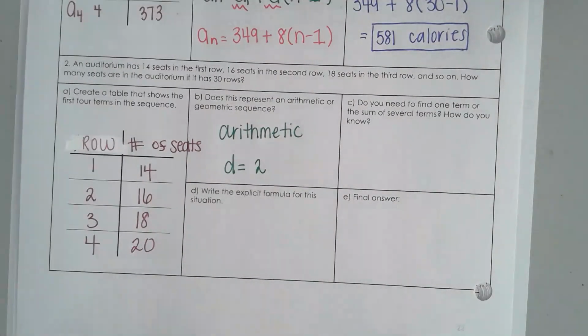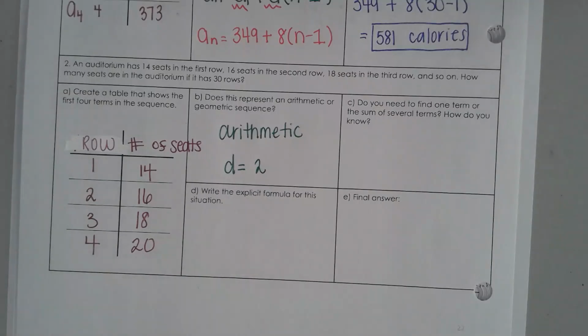So, term 1 is how many seats are in row 1. Term 2, that's how many seats are in row 2. And then you're going back. How many seats in row 3? Our goal is to find out how many seats are in the auditorium.